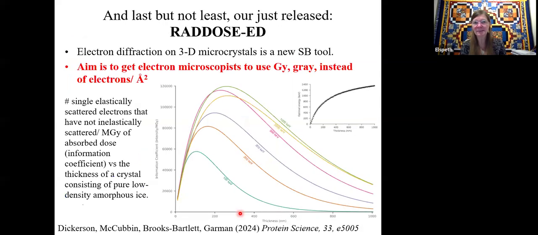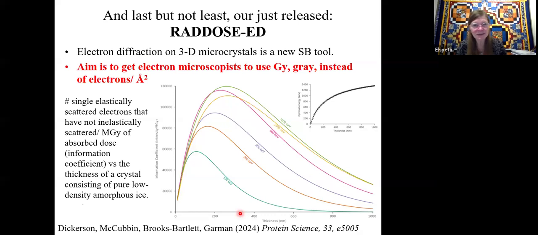And we've just released Raddose electron diffraction as well, because what we would like to do is get electron microscopists to stop talking in electrons per square angstrom, because there are different energy electron microscopes, 100 kV, 200 kV, 300 kV, and of course they cause different absorption depending on the energy of the electron. So we would really like them to start talking in gray instead of in electrons per angstrom. But this is going to be an uphill struggle, but we're trying. And now we've released the software so that they can do that conversion quite easily.